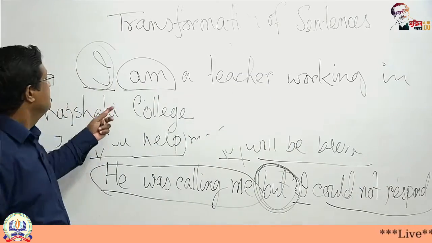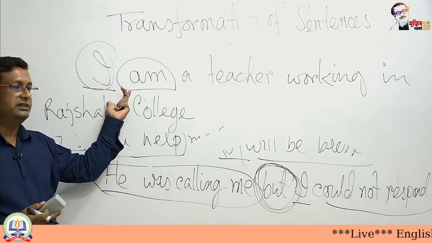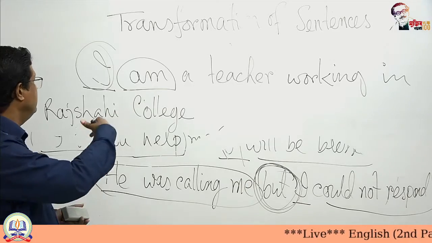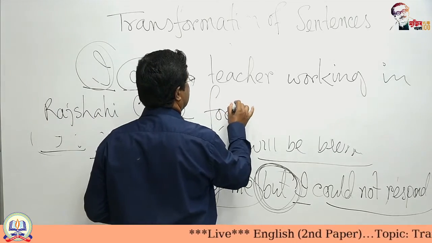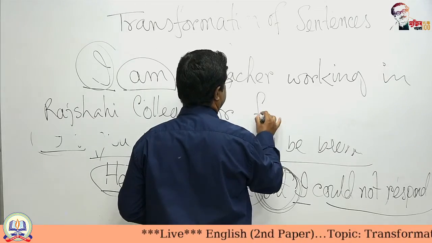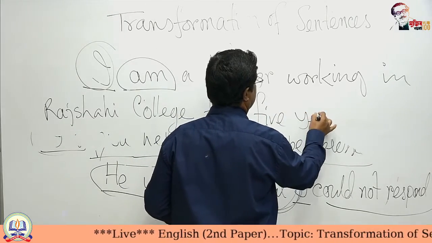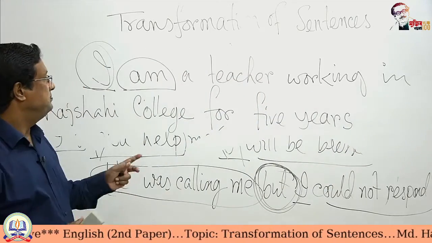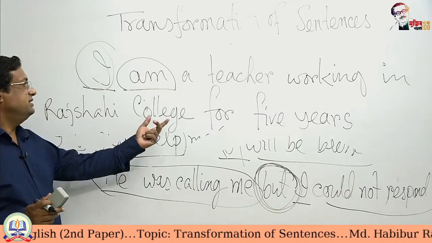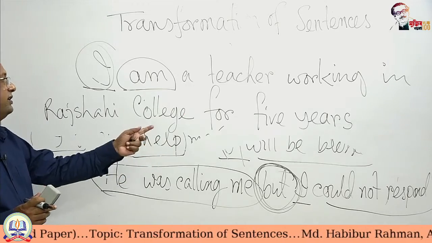So this remains a simple sentence. Okay, I can add more other things, for 5 years. So this is a prepositional phrase, for 5 years.